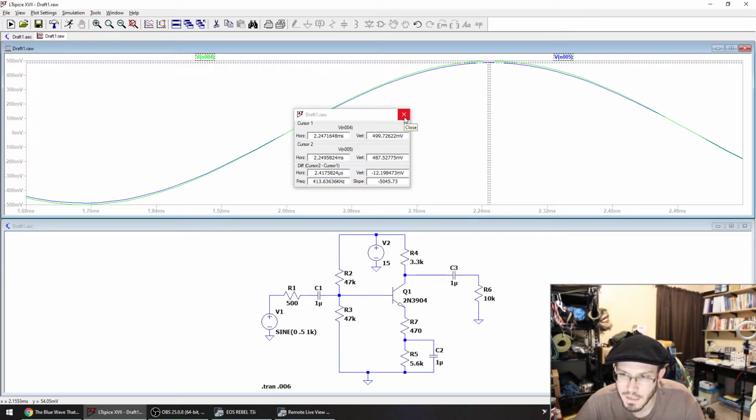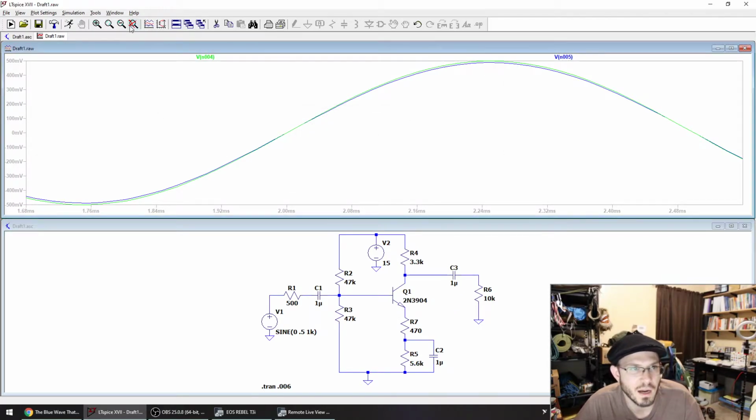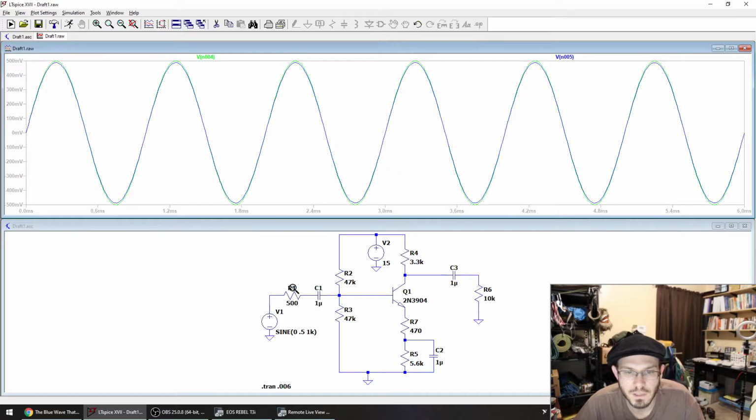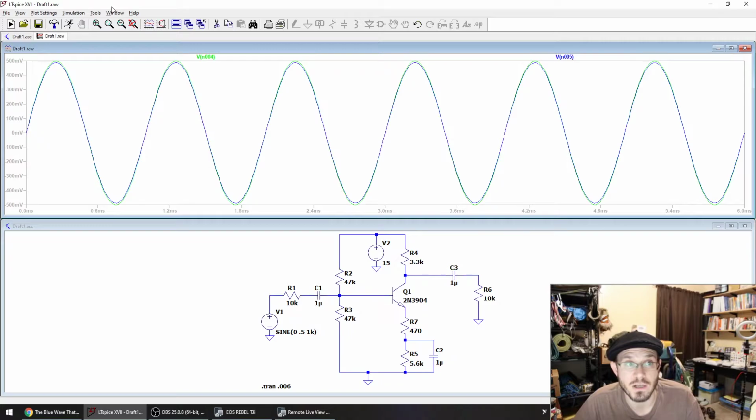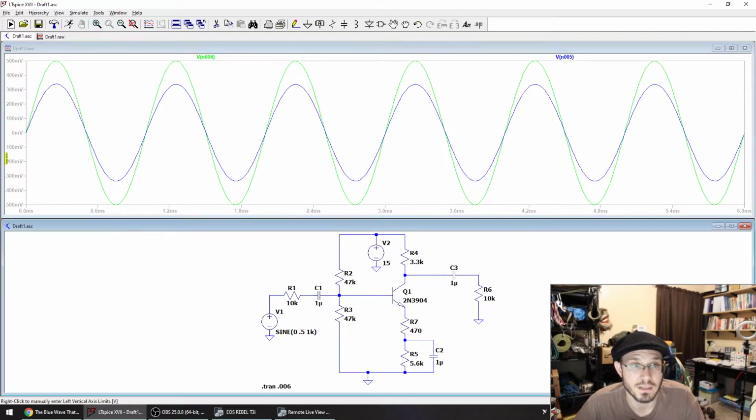Still negligible in my opinion, and that's just because we have a fairly high impedance on the input to this common emitter amplifier. Of course, as I increase the impedance on the output of the source, so if I make this something more like 10K, now you're going to start to see a very drastic difference.